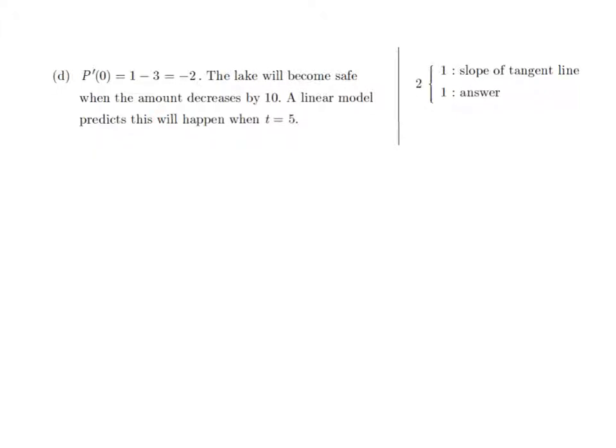If you figured out that the number of pollutants had to decrease by 10, and if the slope is -2, that's going to take 5 days for that to happen. I would not have come up with that. I would have done exactly what I showed you. But perhaps if you hadn't done that, there's no point in here for writing the actual equation. So good for you if you thought of that, or you could follow through the whole process, because that's exactly what we did. And that'll work every time.